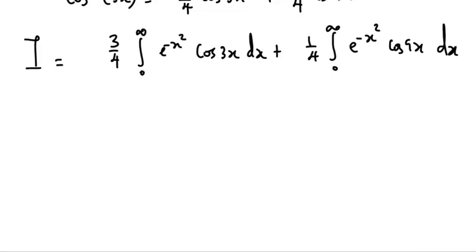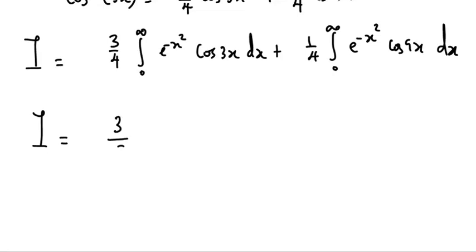So what are we going to do here now? Remember that the cosine function is an even function, so the integral from 0 to infinity is the same as 1 over 2 times the integral from negative infinity to positive infinity.